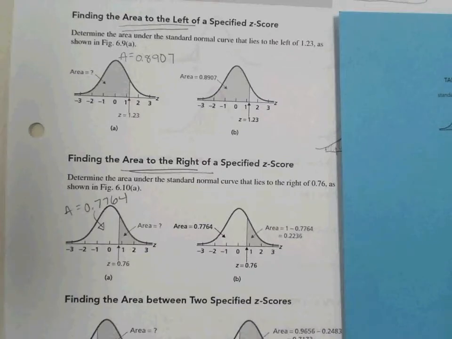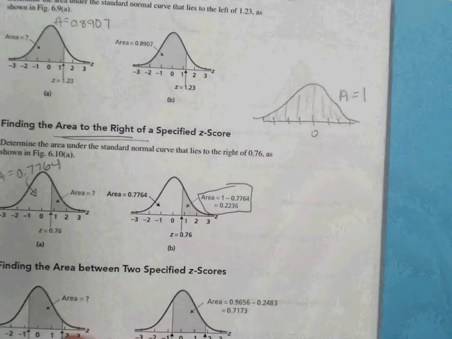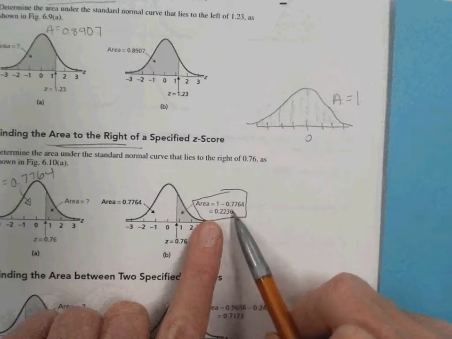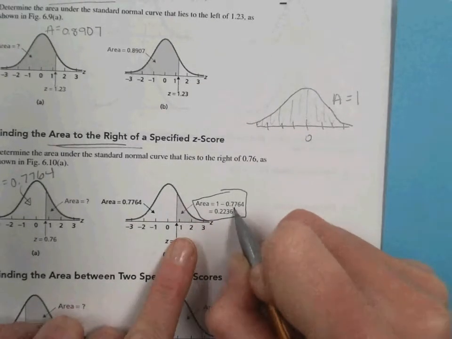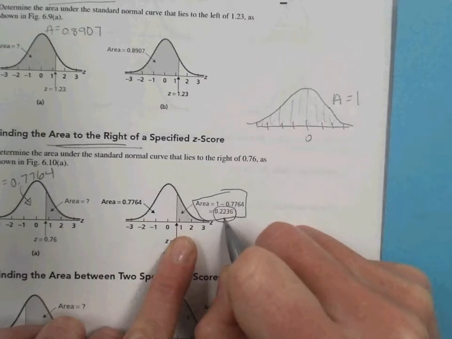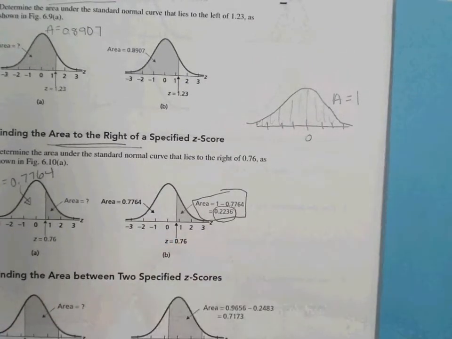So then to find the area to the right, we would just do 1 minus that number, which you can see is done for you right here. 1 minus 0.7764. So that area then to the right is 0.2236. In other words, about a 22% chance that the observation would fall to the right of 0.76.